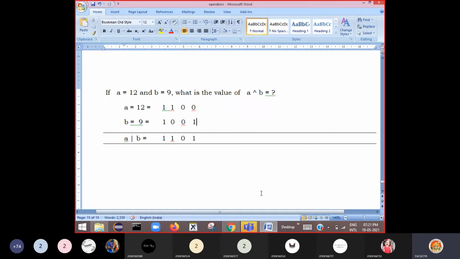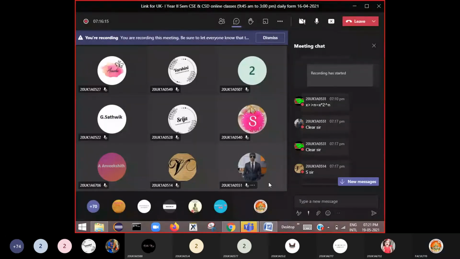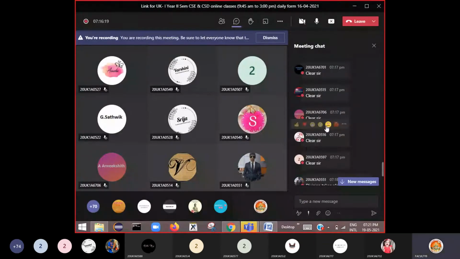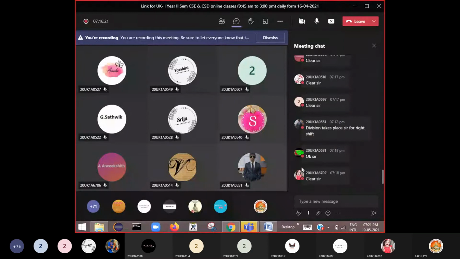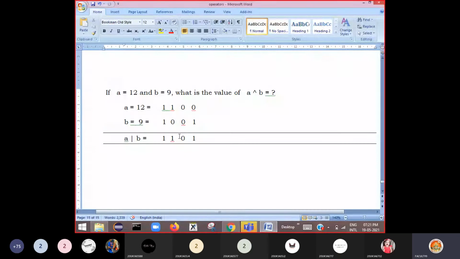We did this binary representation. Now if I perform exclusive OR, A exclusive OR B, let us calculate the result here.